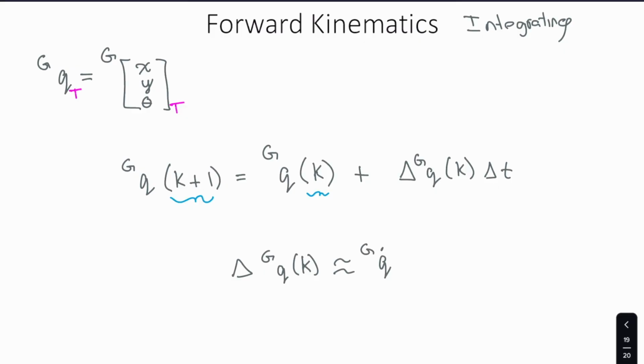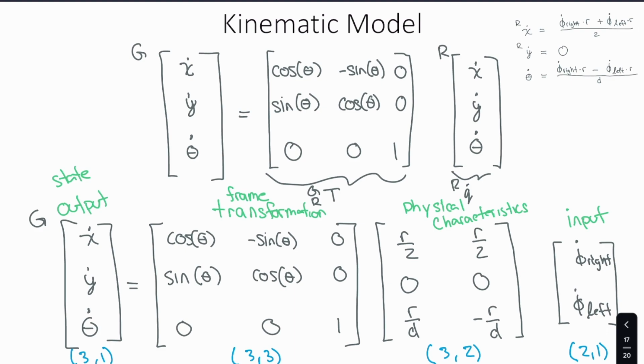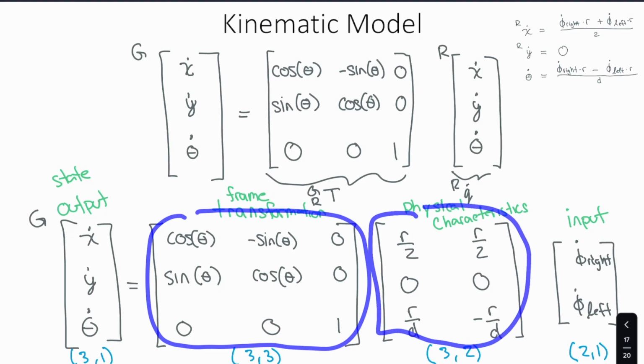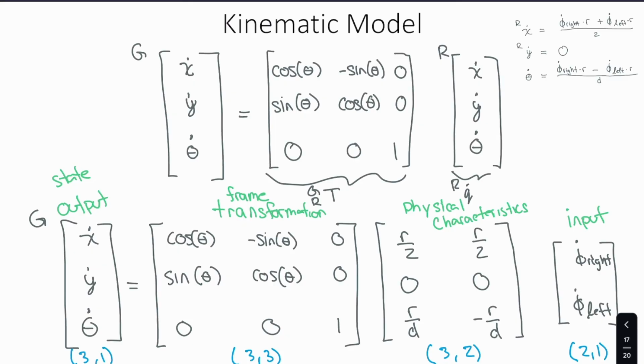So you can take our equation from the previous slides and plug it in here. So how would that work? In code, you would just compute these 9 values. These are all constant values, and you would get these two values, phi dot right and phi dot left, from the encoders.